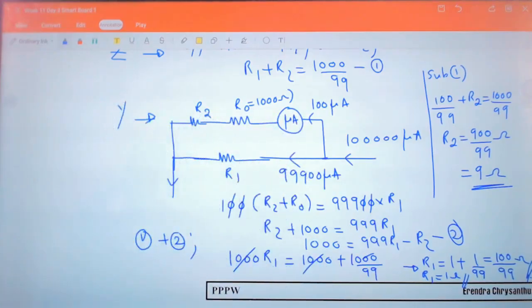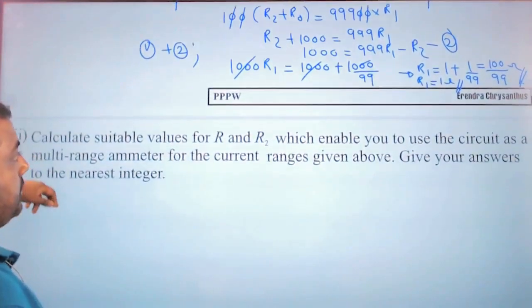So R1 is 1 ohm, R2 is 9 ohm. Okay. Right.